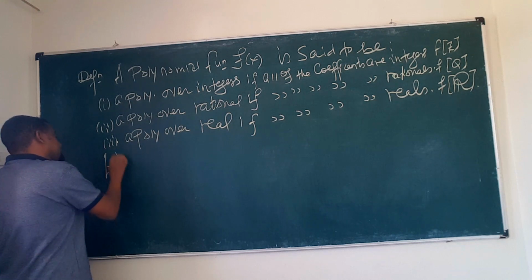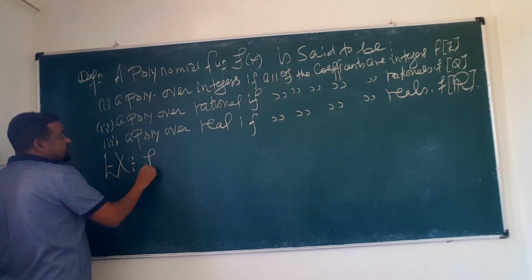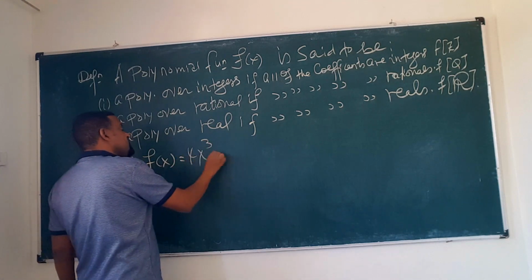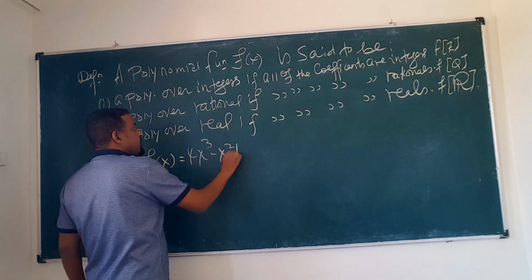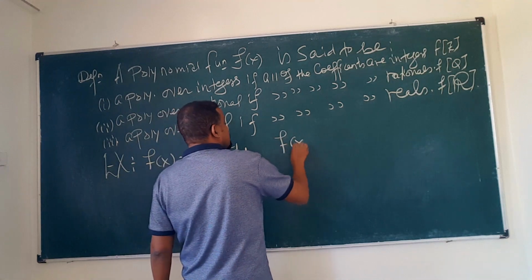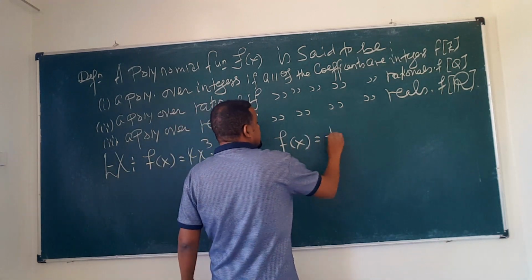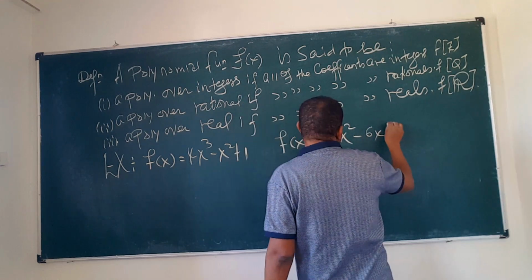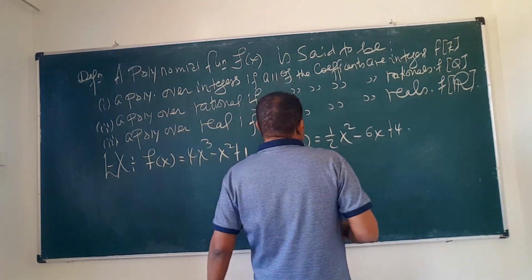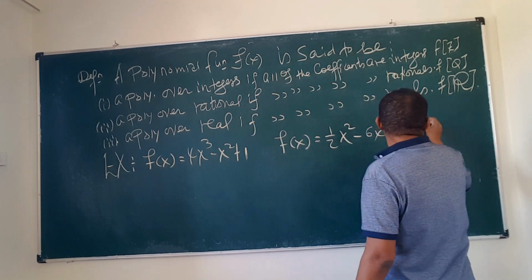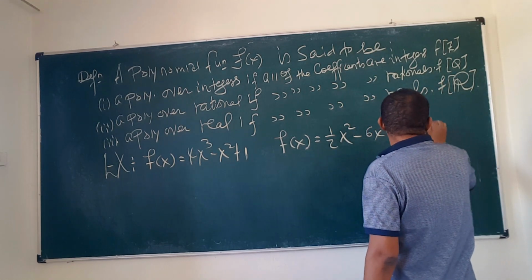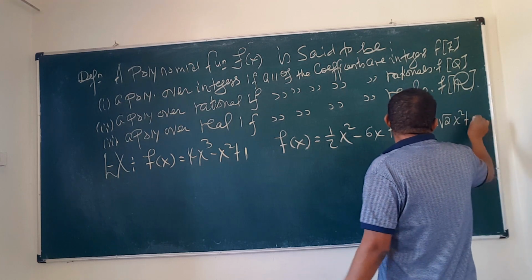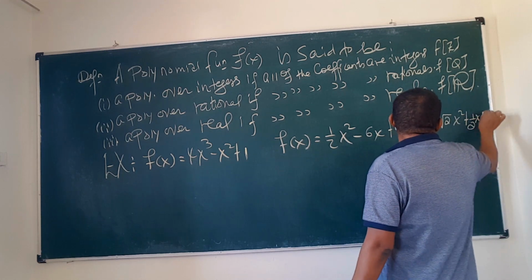For example, three polynomials are given. f of x is equal to 4x cubed minus x squared plus 1, and f of x is equal to 1 over 2 x cubed minus 6x, and f of x is equal to radical 2 x squared plus 1 over 2 x plus 5.